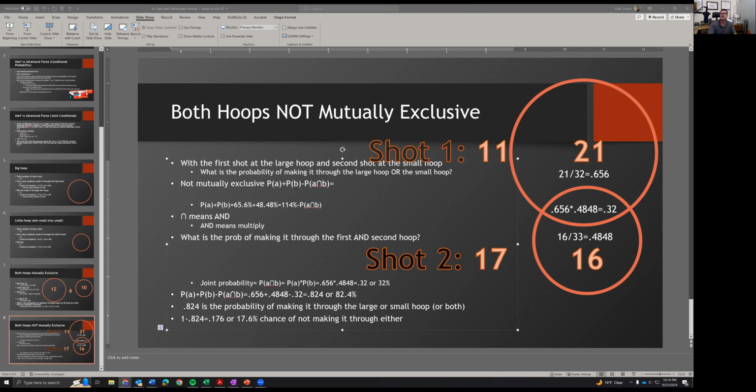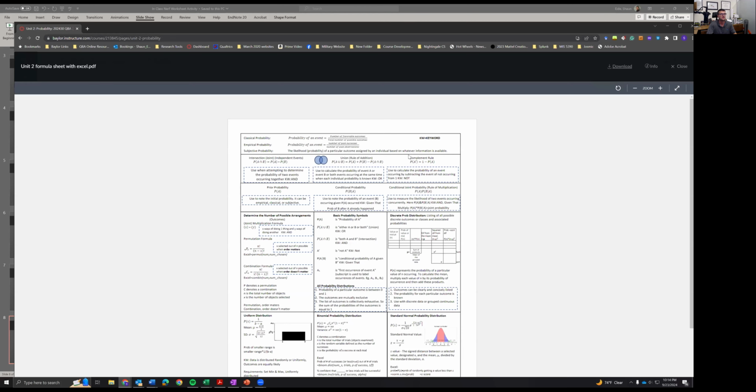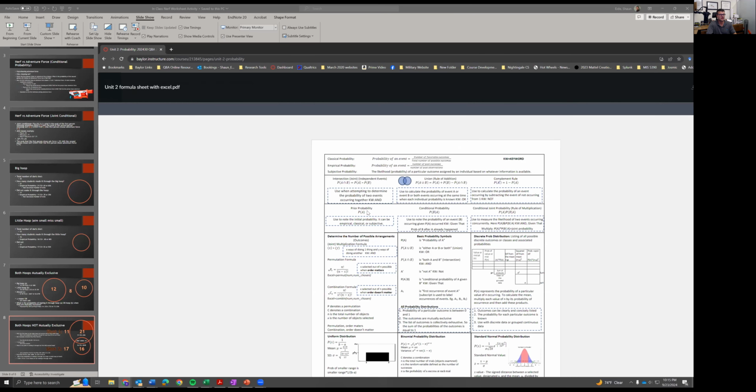And you can see that once again on the formula sheet, the complement rule: the probability of not making it through this is 1 minus the probability of making it. So that's the complement rule that we will use a lot. So make sure that you're constantly referring back to this. The more that you refer back to this, the better you're going to do. So please keep referring back to this throughout this entire unit.